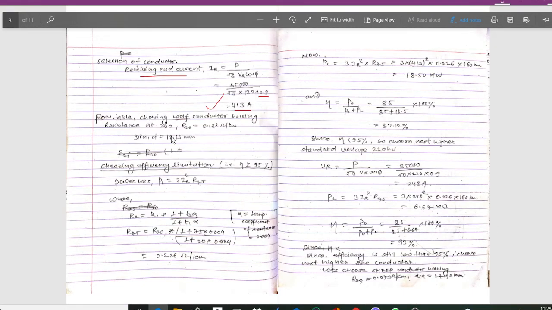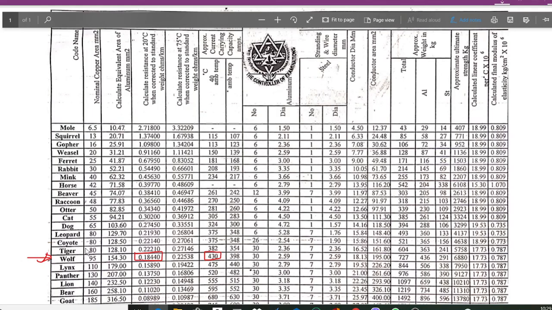After choosing wool conductors, we have resistance at 20 degree, R20, given as 0.188 ohm per kilometer. You can see in the table for wool conductors the column for calculated resistance at 20 degree in ohm per kilometer.